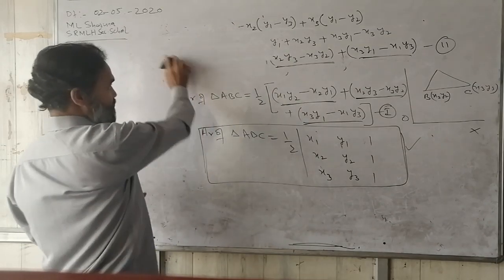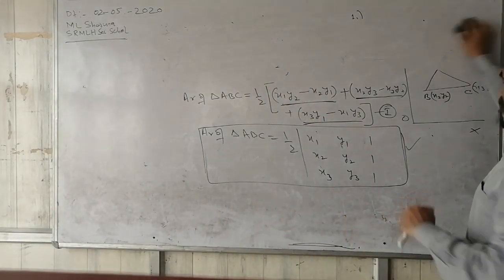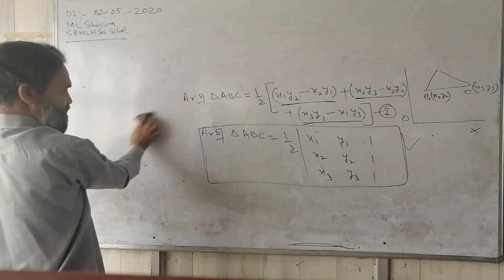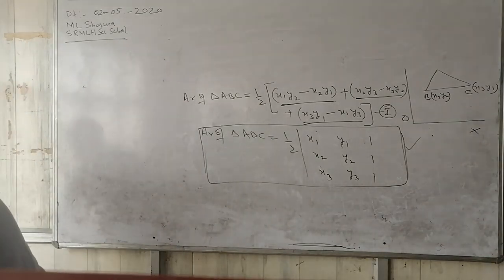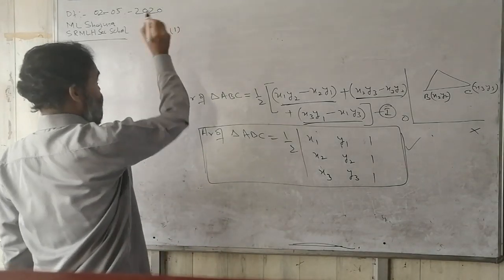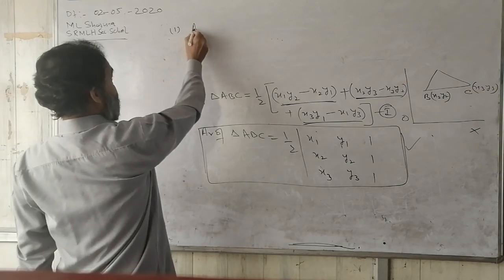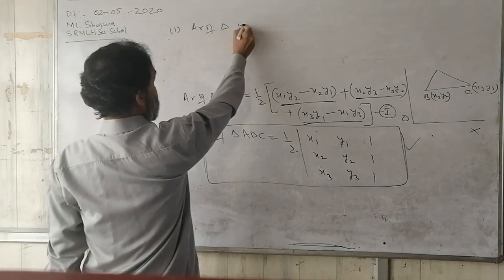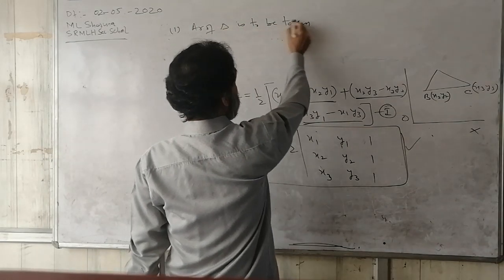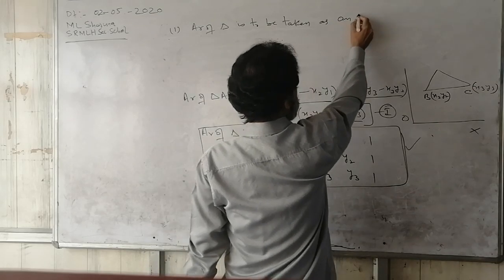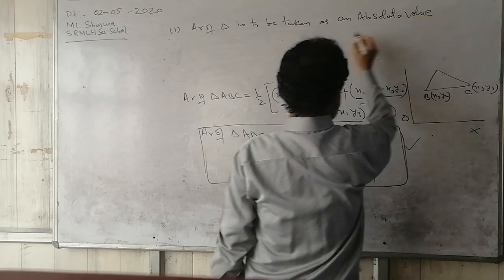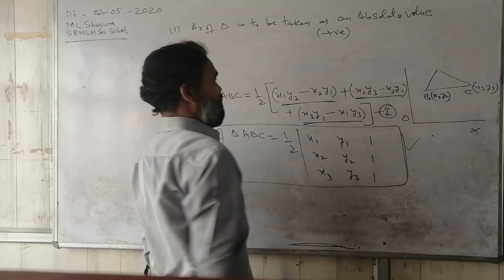Now the exercise is a very short exercise. 3 or 4 questions are there, so they are easy to do. Here point 1 is to be noted: the area of a triangle is to be taken as an absolute value, that is, it is to be taken positive.